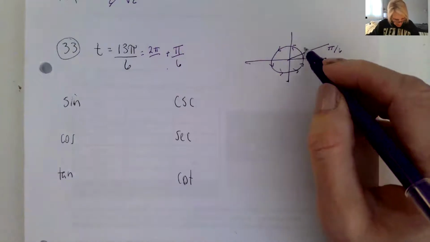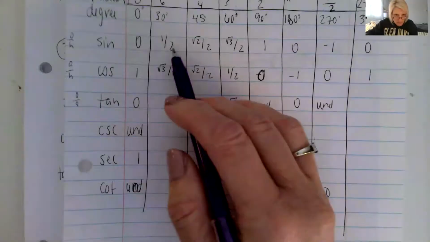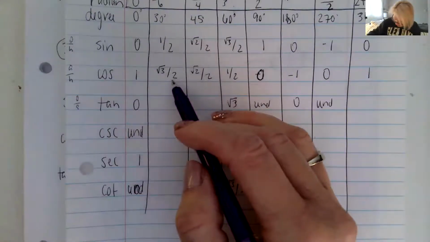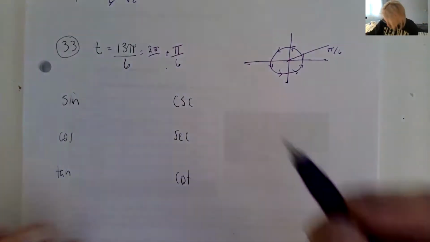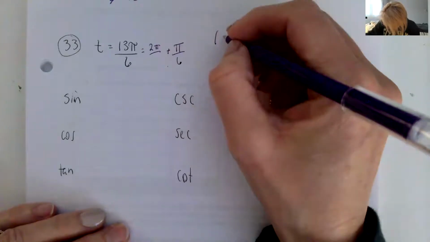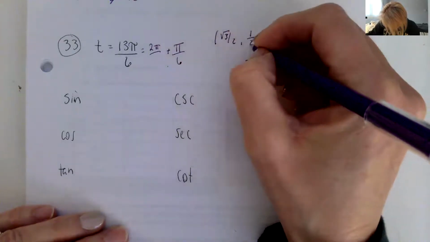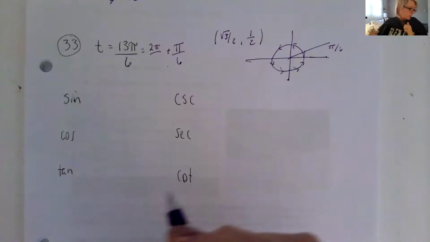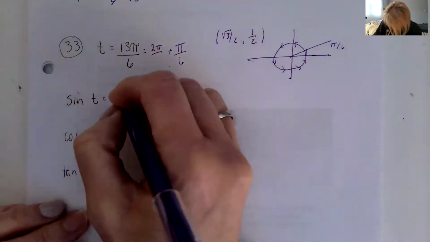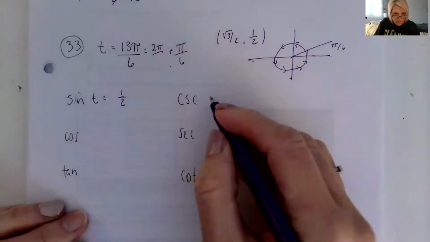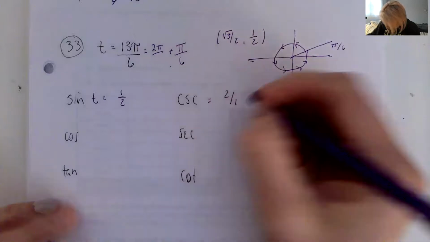At pi over 6, sine is 1/2 and cosine is square root of 3 over 2. So sine of t is 1/2, and that means cosecant is the reciprocal, which is 2, or 2 over 1.